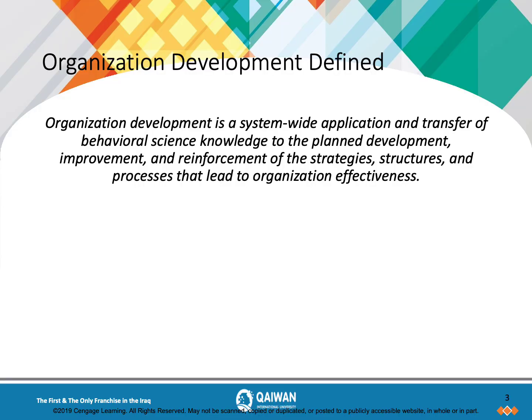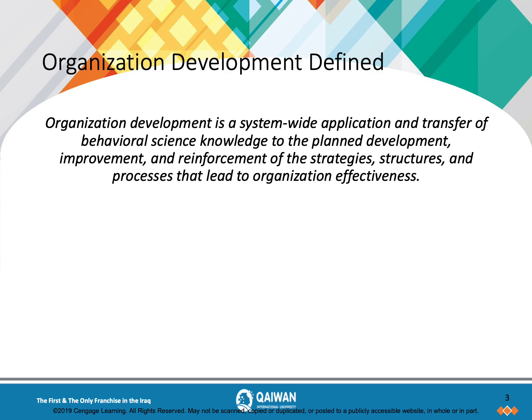If we define organization development, we can say that it is a system-wide application and transfer of behavioral science knowledge to the planned development and improvement, and also reinforcement of the strategies, structures and processes that lead to organization effectiveness.